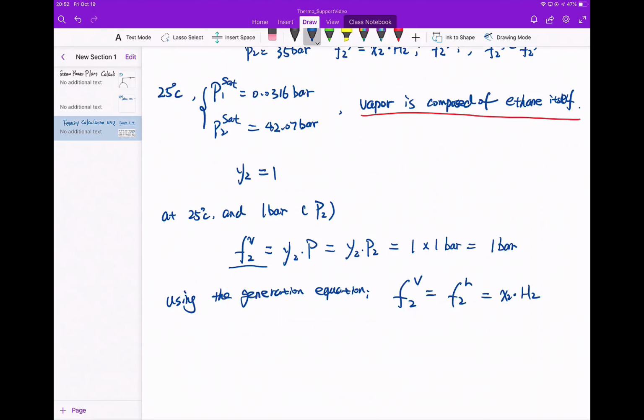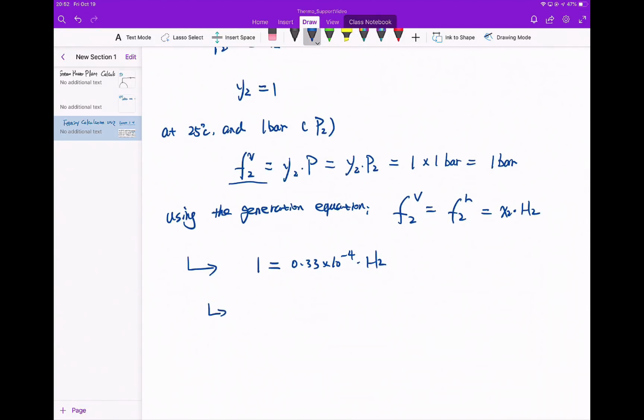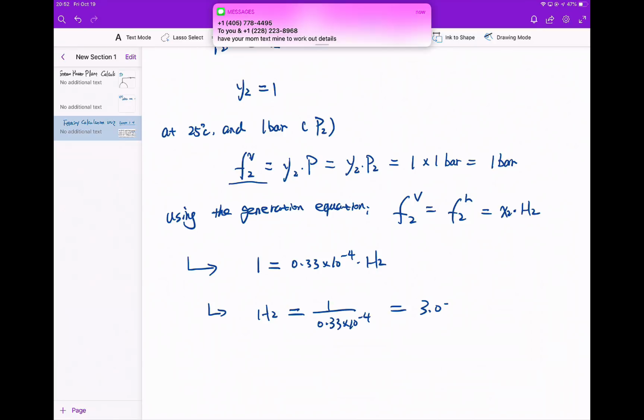Okay, so here I know the fugacity of the vapor phase, which is 1, and the solubility of component 2 at condition 1 is 0.33 times 10 to the negative 4 times H2. So from this equation I can calculate Henry's constant, which is 1 over 0.33 times 10 to the negative 4. Now I'm having 3.03 times 10 to the 4, right?